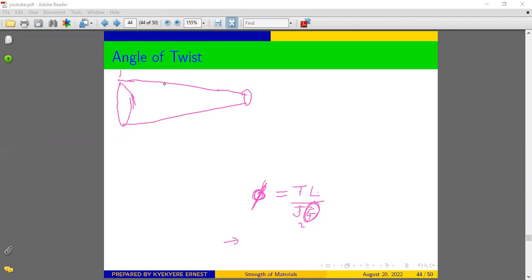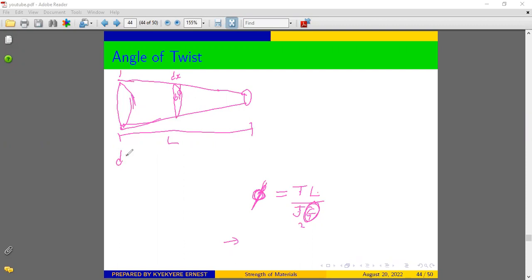Let me take it that the length from this to that is L, and the diameter is changing. So if I want to get the angle of twist for a smaller section here along the length, which is called the X, then the angle of twist there is going to be the delta phi, which is the angle of twist.